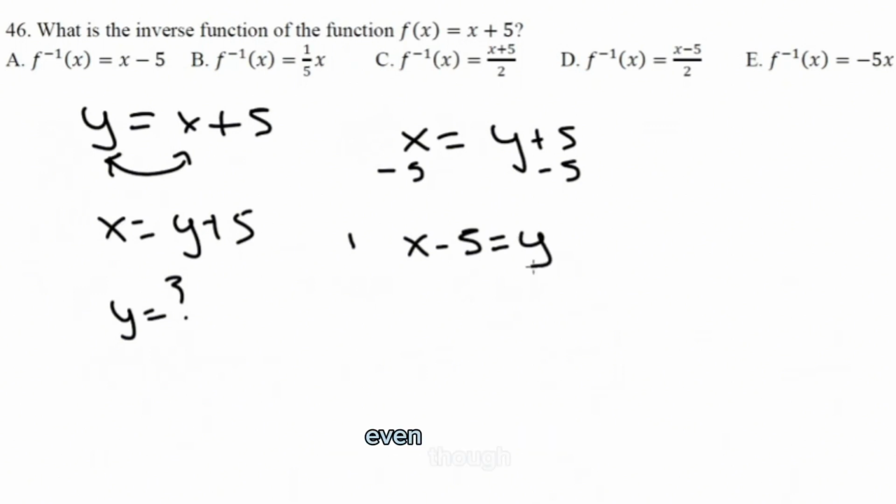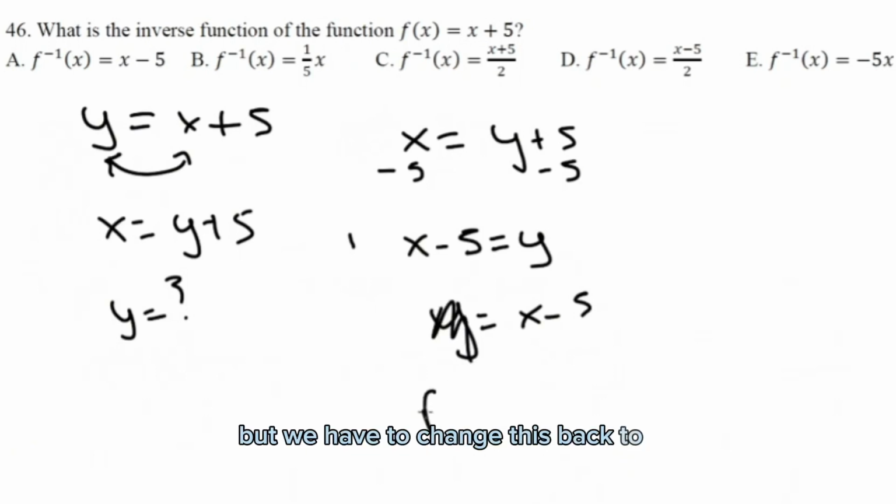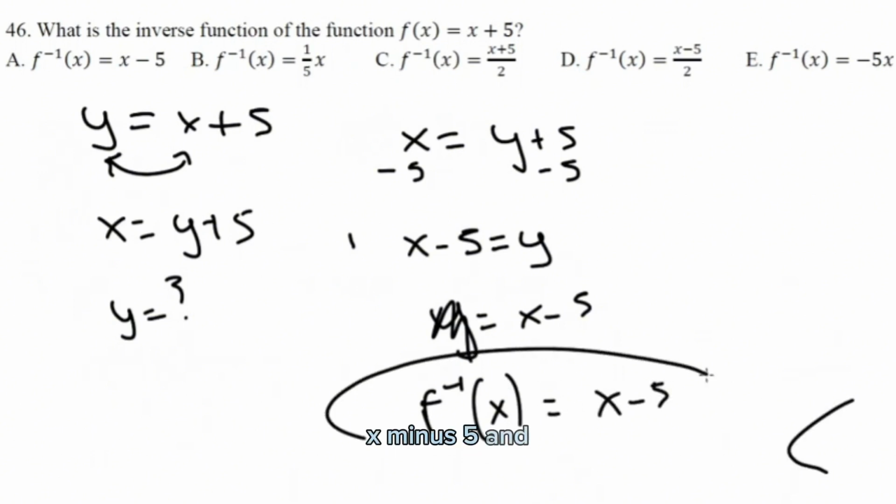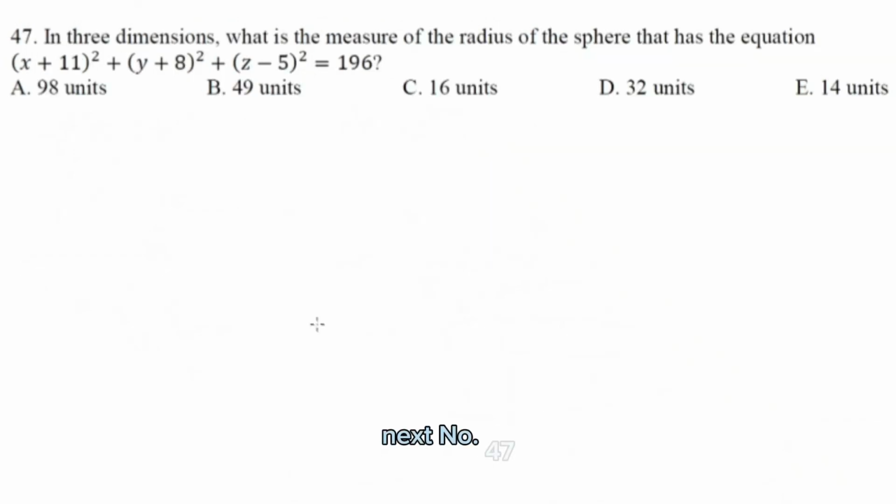Now, even though y isn't on the left, y is by itself, which means we solved for the inverse function. So our inverse function is y equals x minus 5. But we have to change this back to f of negative 1. That's the inverse function: f inverse of x equals x minus 5. And that's your answer.